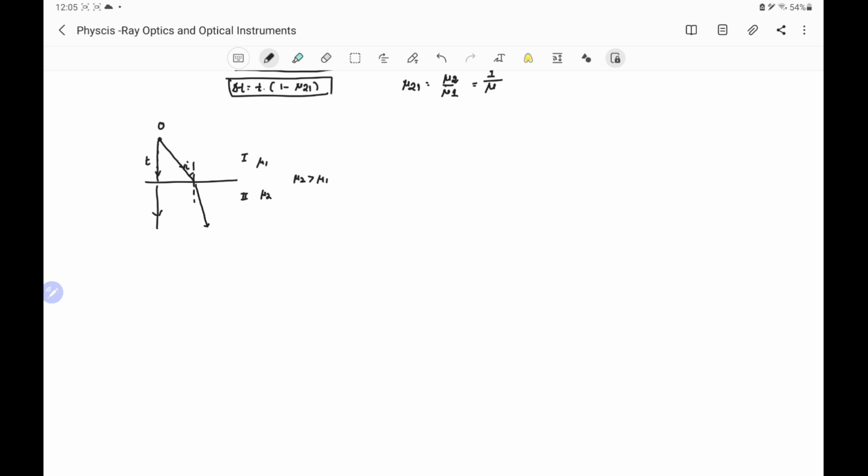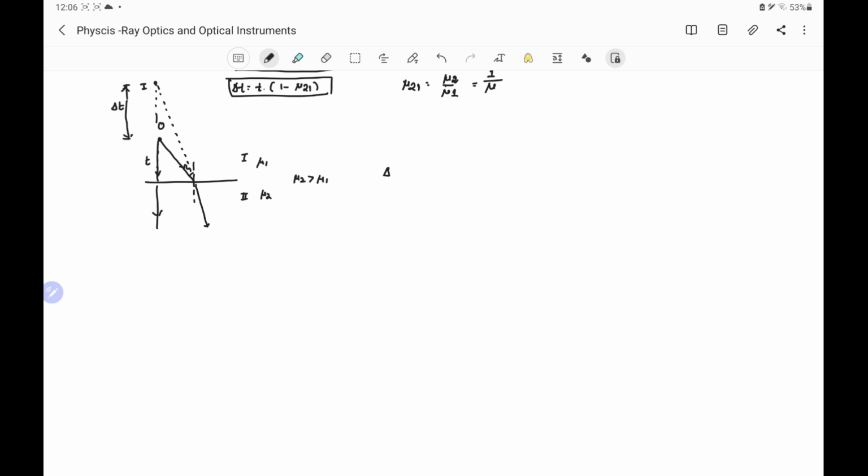On backward tracing the refracted ray, it meets at a point I. This will be the image of the object O, and the shift OI is represented by delta t.